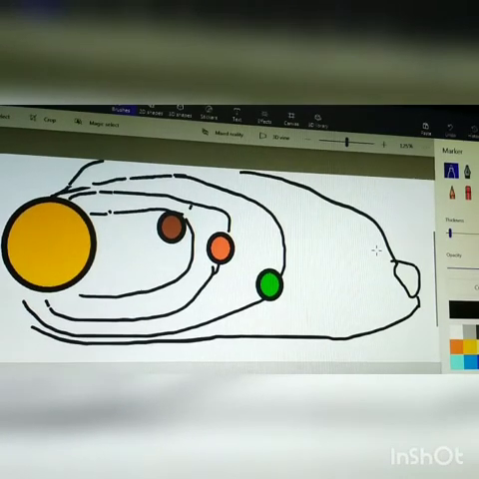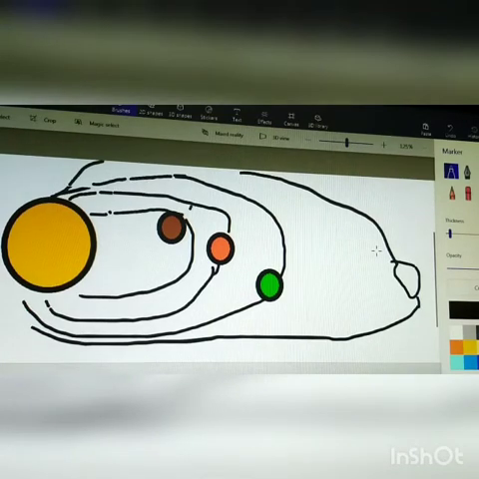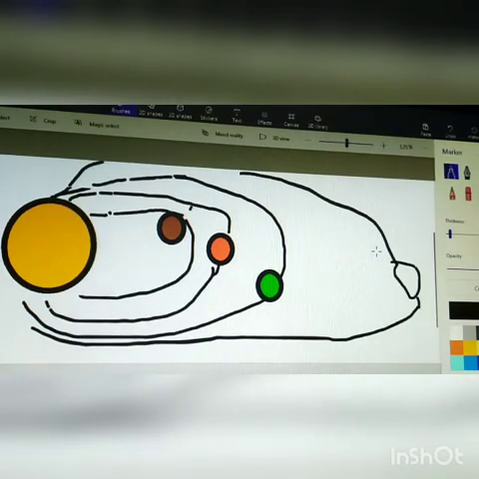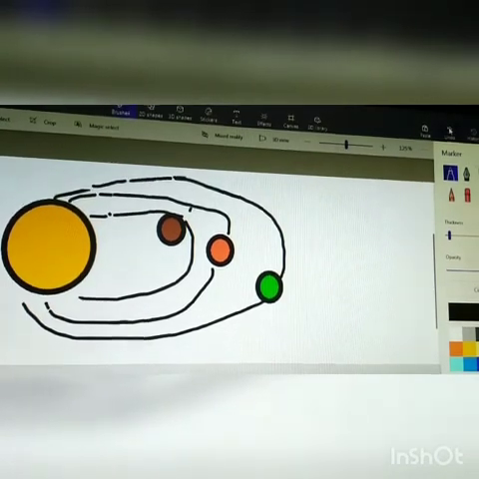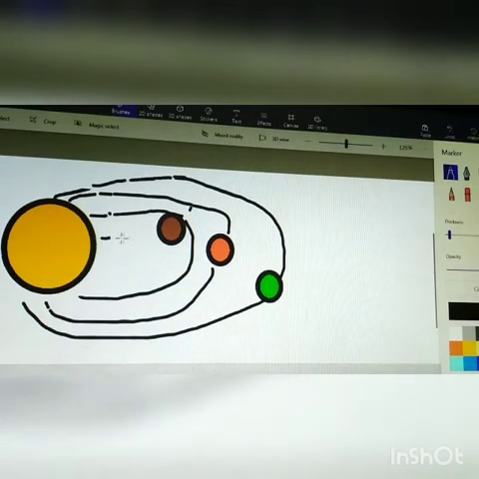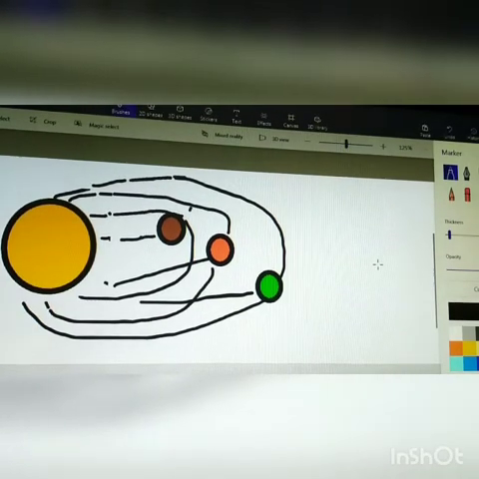As you can see, if you bring two magnets very close together, they start to come closer together very fast. And as you take the magnets away from each other, the force of attraction will be less. The same case is acting here. The nearest planet to the Sun is Mercury. It travels faster than any other planet. Then the next nearest is Venus, and the next is Earth, and so on. So the last planet will experience very little force of gravity from the Sun.